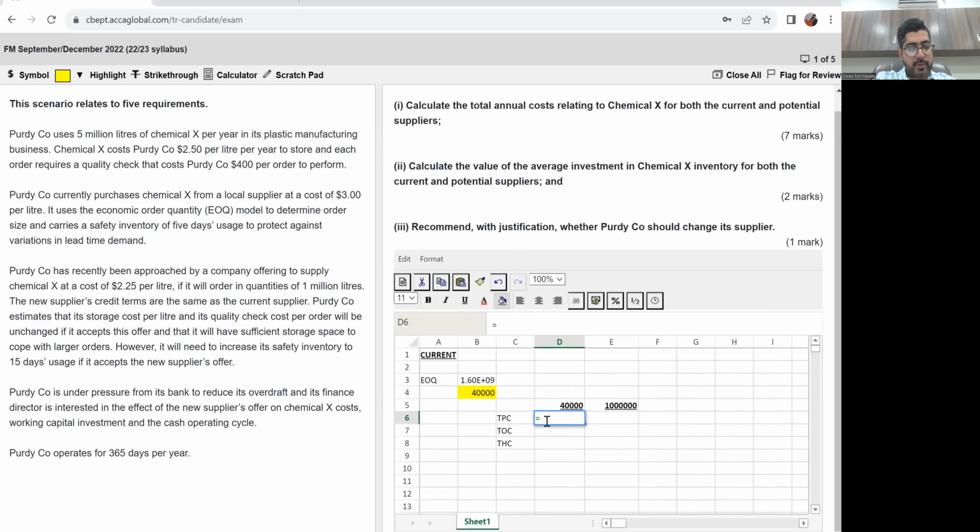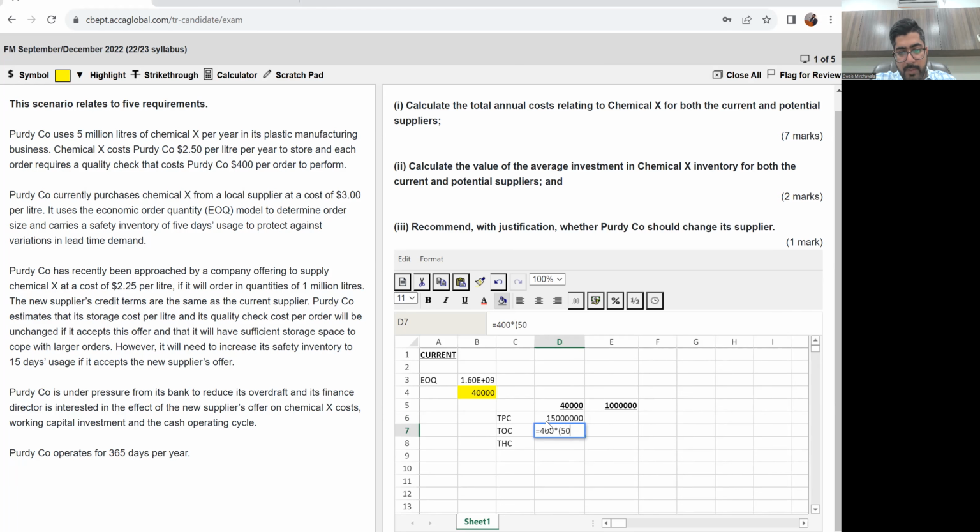Currently, purchase price per unit is 3, times annual demand of 5 million. Total ordering cost is C naught times the number of orders. C naught is 400. Number of orders is annual demand over EOQ. So annual demand is 5 million.